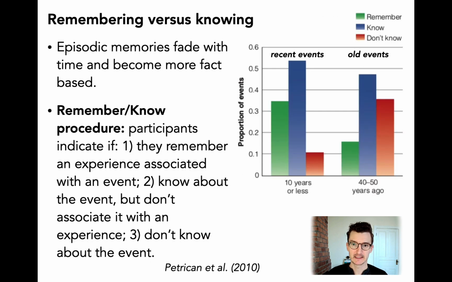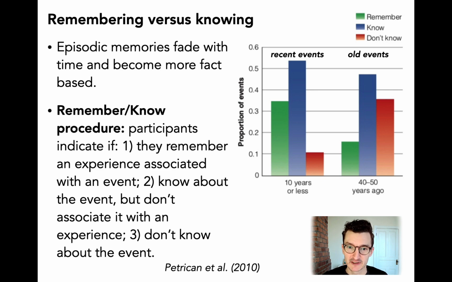So what's interesting about episodic memories is that they appear to fade with time and they actually become more fact-based. Another way to distinguish between episodic memories and semantic memories is what's known as remembering versus knowing. An episodic memory is something you remember. You remember that fun day at the beach.